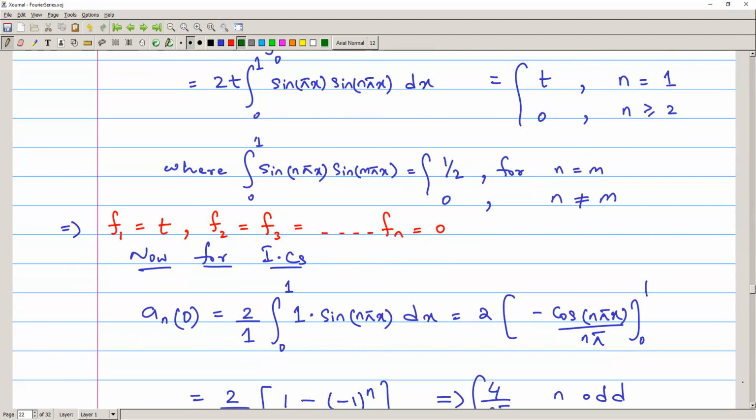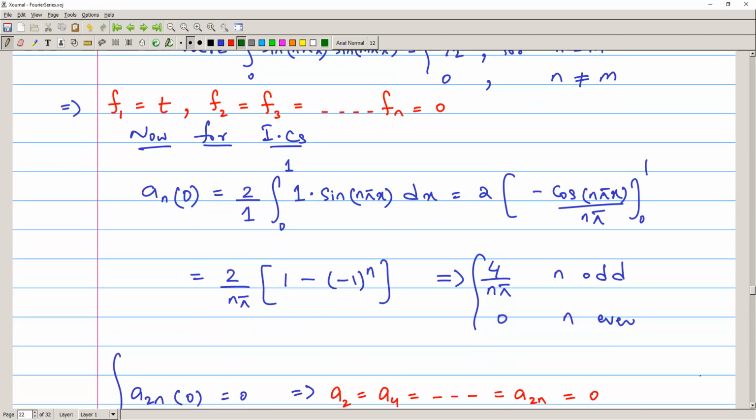So here f1 is equal to t, because at n equal to 1, this is t. So this means that this is f1, and for any other n, like f2, f3, fn, we will get 0, right? So f1 is equal to t and all other f's are 0.